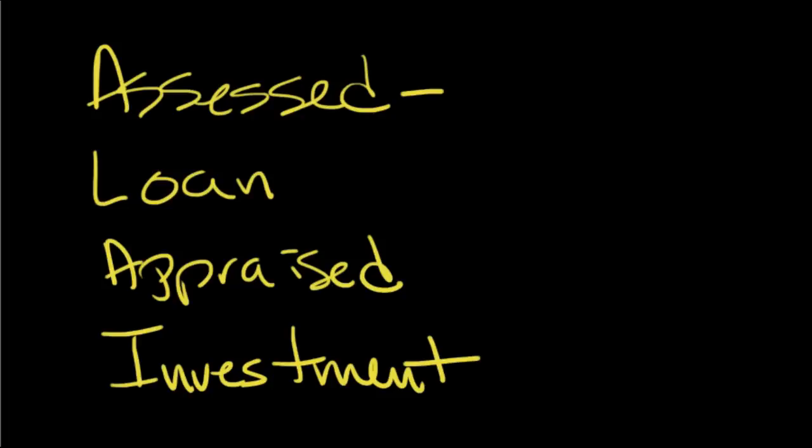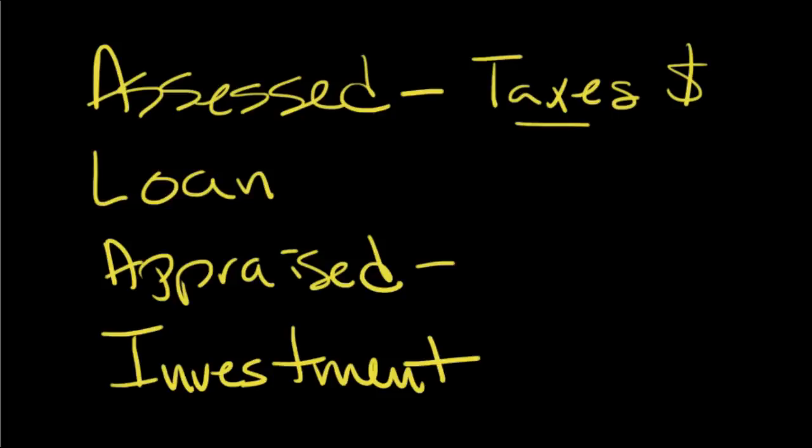Now, I get this all the time, assessed value versus appraised value, which is just a little bit farther down the page here. There's a big difference between one and the other. Assessed value is basically what your local municipality is putting a price tag on your home so they can figure out your tax bill.